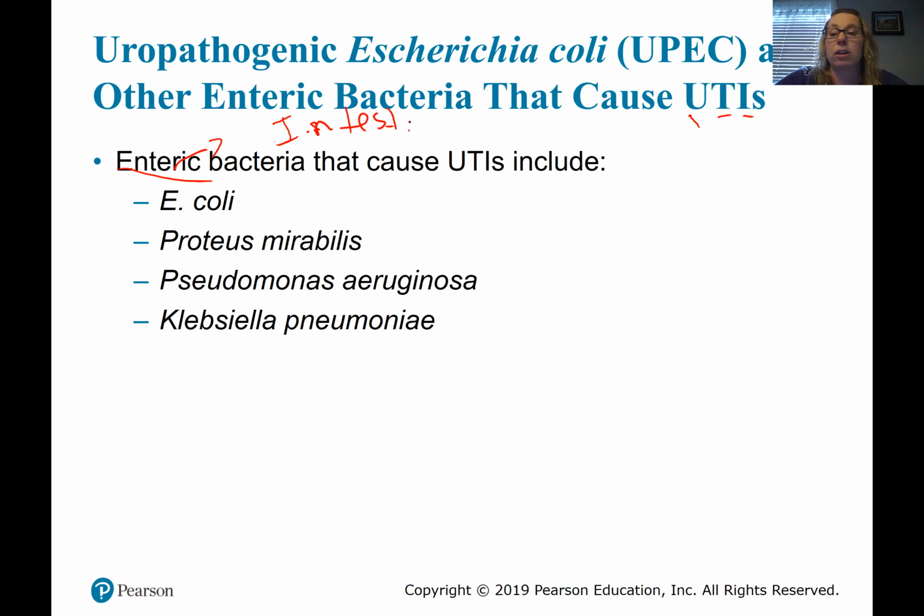These are things that come from the intestine, probably coming out through the feces and contaminating the area surrounding the urethra. E. coli is a big one. There are some groups that are called uropathogenic E. coli. Proteus, Pseudomonas, and Klebsiella are some others that are enteric bacteria. And again, these are going to be gram negative.